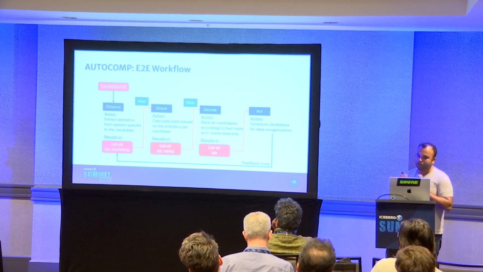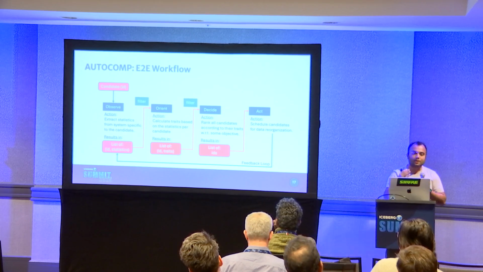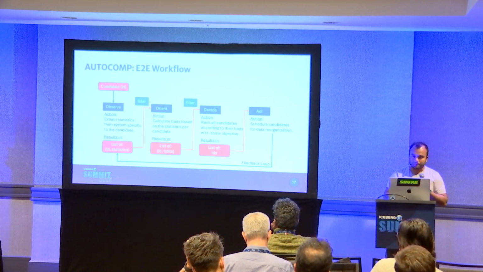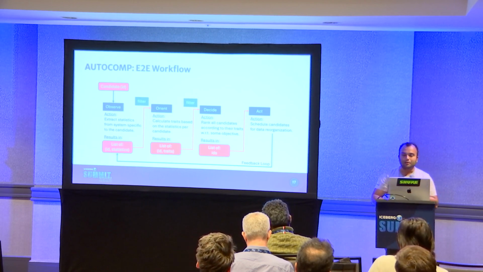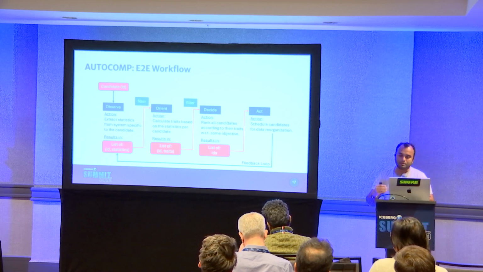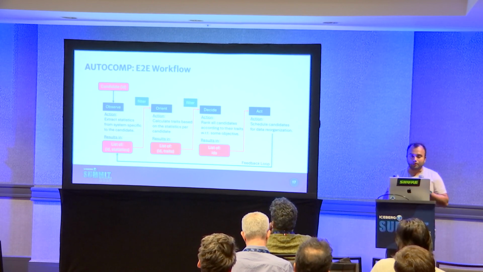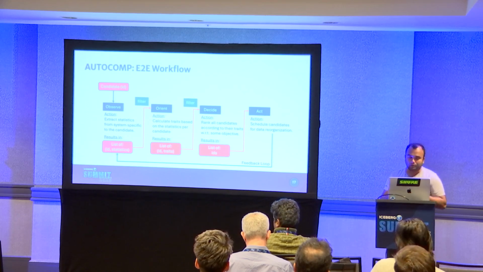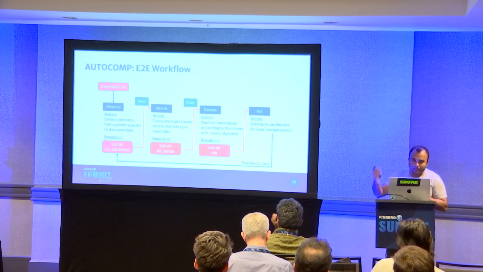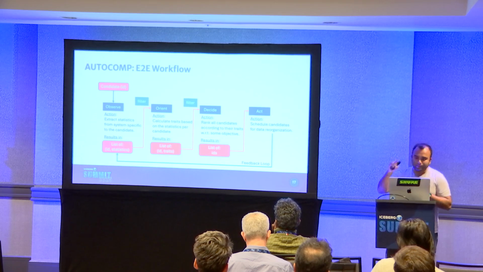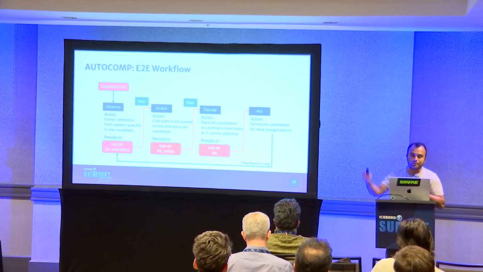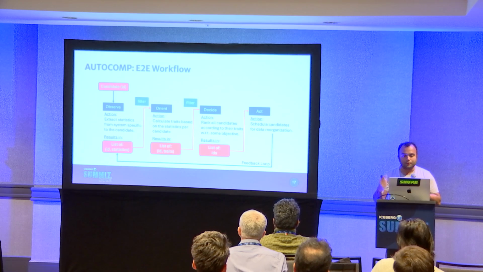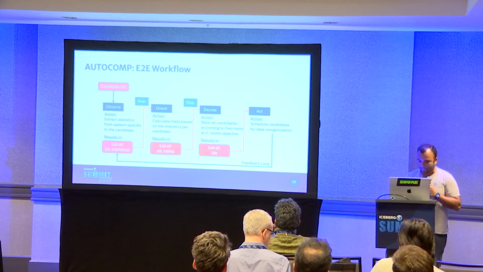And the traits are essentially, think of them as scores that we'll assign to each table or a table partition. And finally, when we have to decide it, we'll just rank all the tables with their scores and then pick top K to fit within our compute budget that we have allocated for compaction. And then we actually act on that compaction. We actually call that rewrite data file API, which is in the last step. And this feedback loop is very important because then this allows us to iterate dynamically as things change in your lakehouse, workloads change. This feedback loop allows us to be a bit more dynamic.